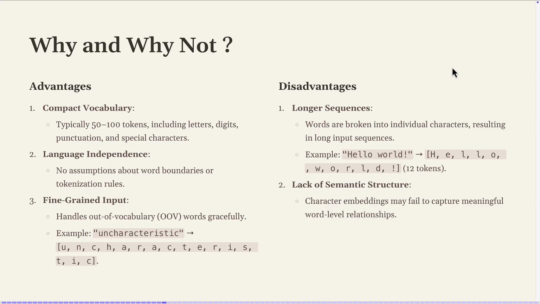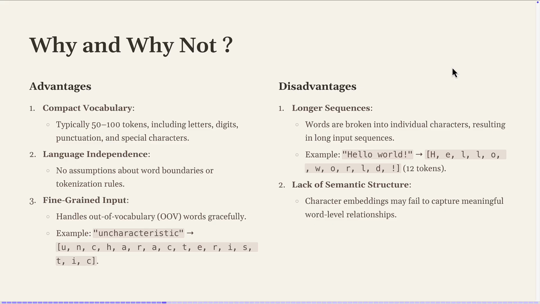So the advantage is that it leads to a simple, compact vocabulary size, around 100 tokens. It's language independent, and also provides fine-grained input. It can handle out-of-vocabulary words gracefully, because if you have the characters, you can build any word.